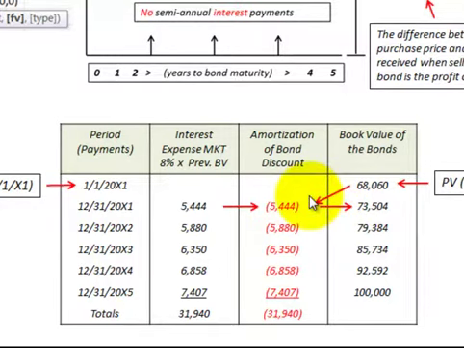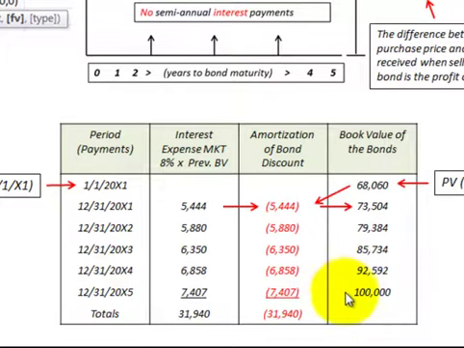So we would add this amortization amount of $5,444 to the book value, and then we'd have a new carrying value for the beginning of the second year. And then we just repeat this process where we take the market rate of interest times the beginning book value, and we get the interest expense that we recognize for that year. And then we just continue that through this amortization schedule.